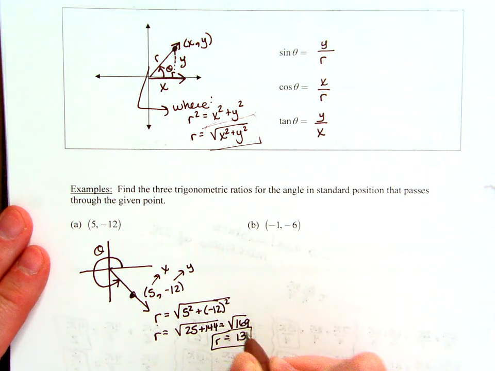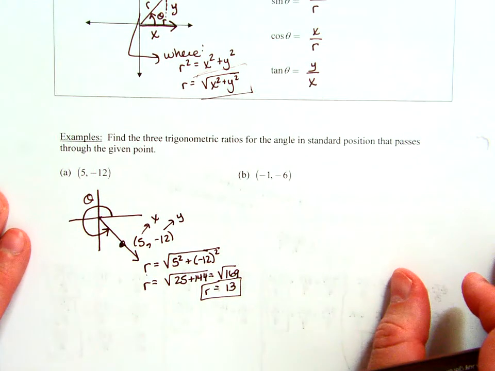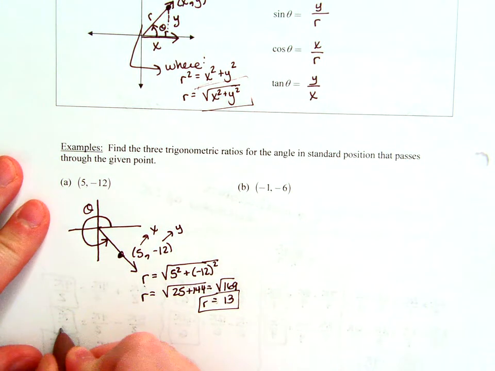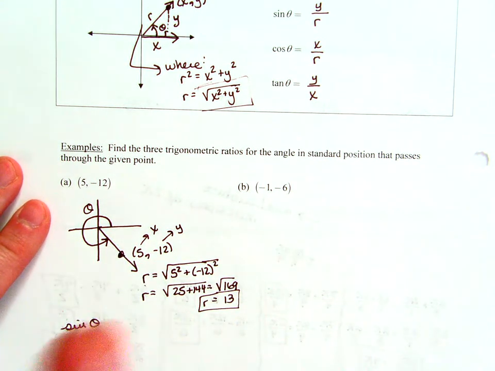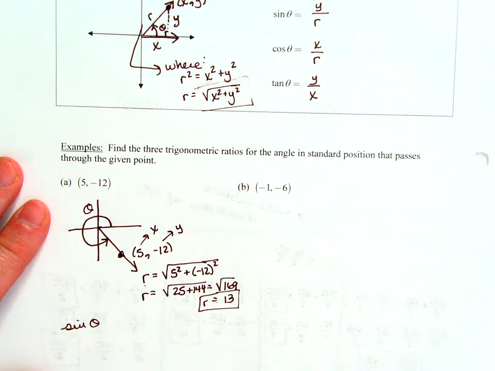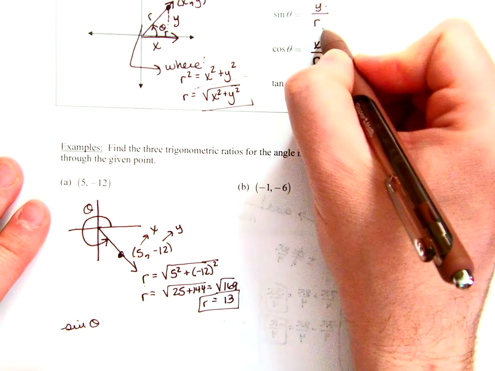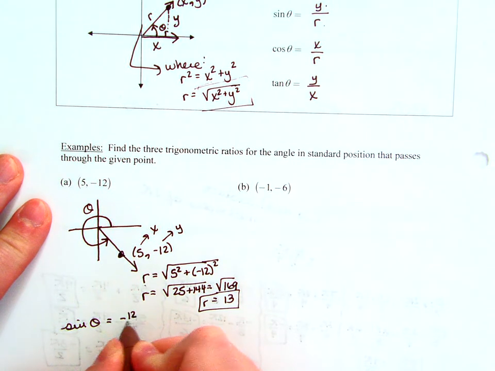I now have all the information I need to be able to find my sine, my cosine, and my tangent. The sine of that really big angle is the opposite over hypotenuse, but that's not helpful when I can't draw a triangle with an angle like that inside. But I can use my new definition that my sine is my y coordinate over the r. I can say that my sine is negative 12 over 13.